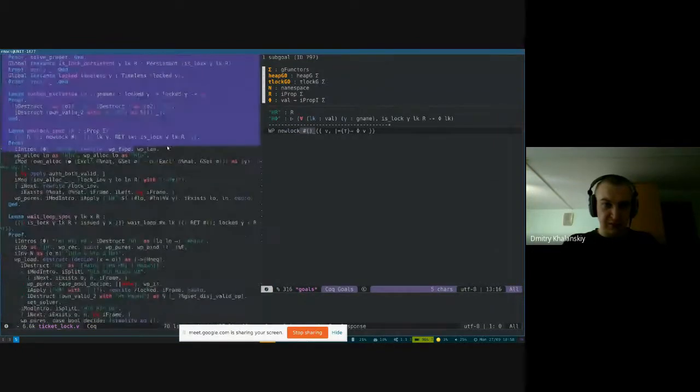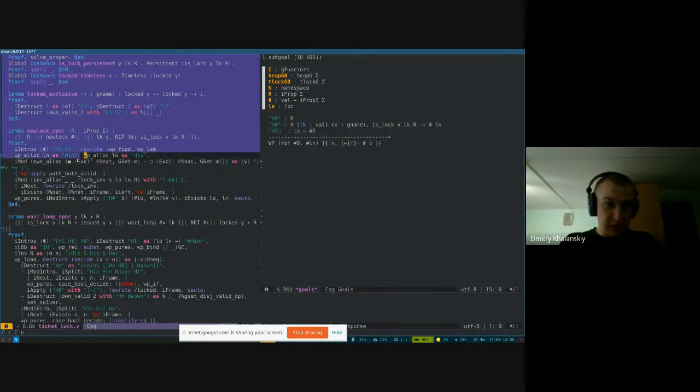So the command wp_lam reduces it to the definition. Then the command wp_alloc is performed, which allocates a new fragmentary piece of the global heap resource.